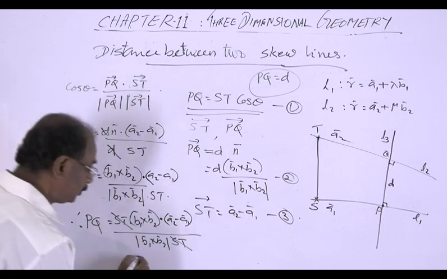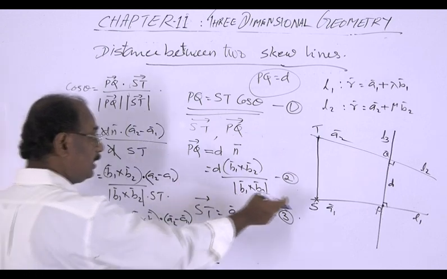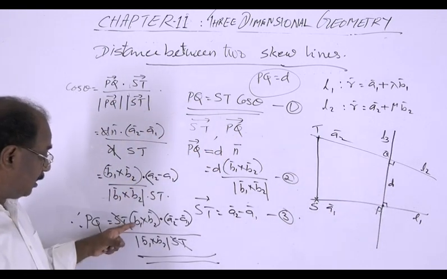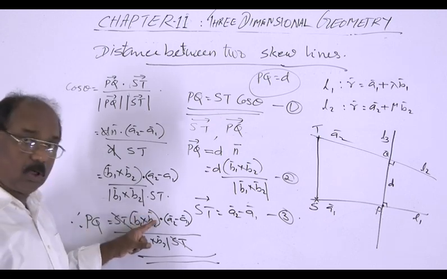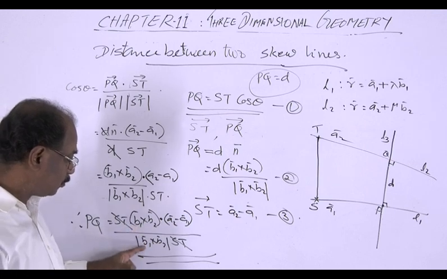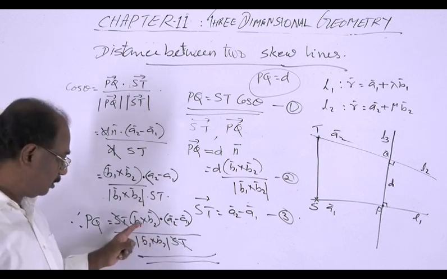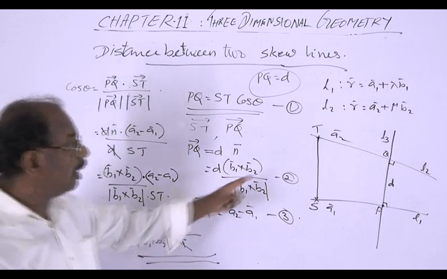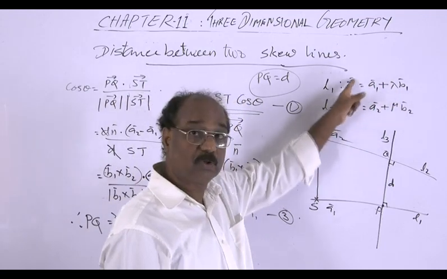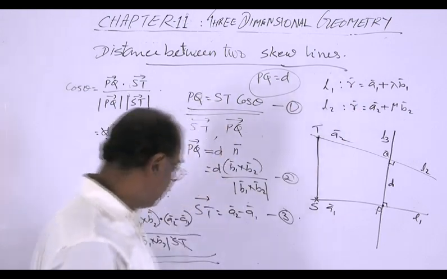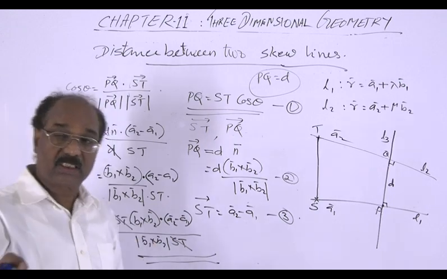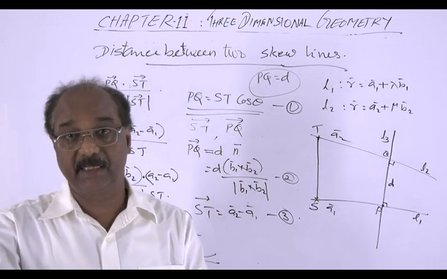So we get PQ, that is this distance d, the distance between the two lines, is B1 cross B2 dot A2 minus A1 divided by modulus of B1 cross B2. B1, B2, A2, A1 are known because we know the equations of these two lines. So we can find this distance between the two lines, which is the shortest distance between the two skew lines.